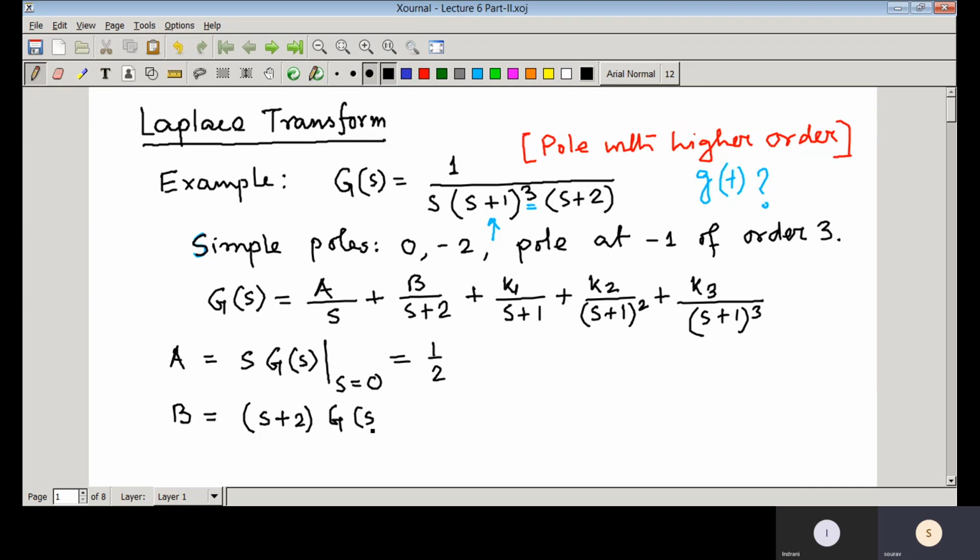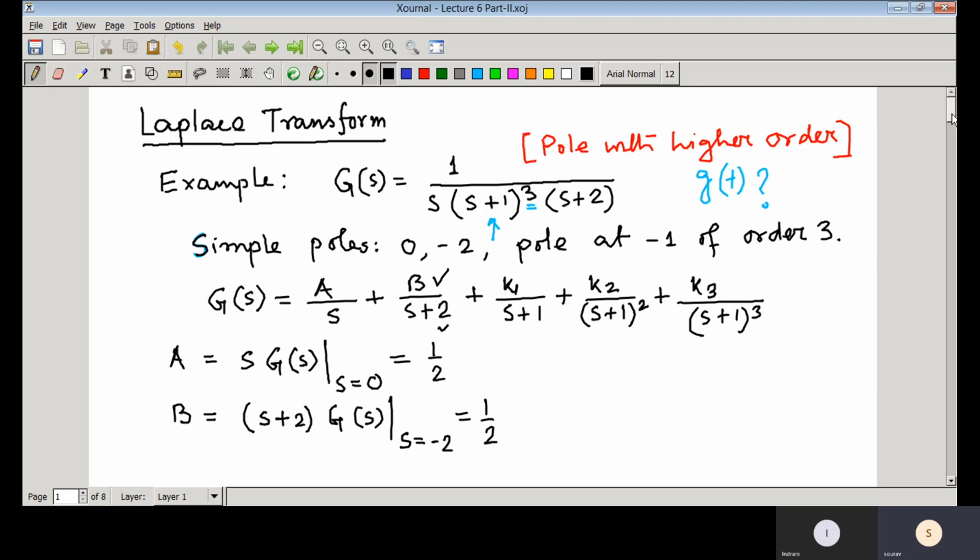If you forget this Heaviside partial fractional formula, I suggest you see some standard book on control systems, or books on signals and networks. Here it is evaluated at -2, because this B is associated with the pole at -2. If you find it, you will get again half.